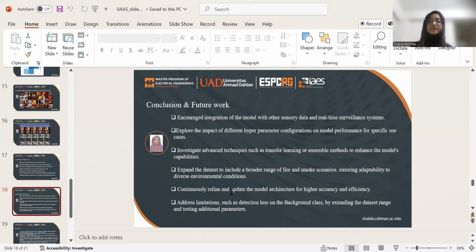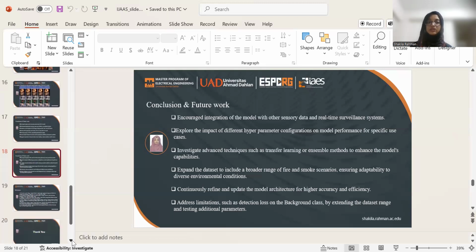Continuously refine and update the model architecture for higher accuracy and efficiency. Address limitations such as detection loss on the background class by extending the dataset range and testing additional parameters. So this was our conclusion and future work.